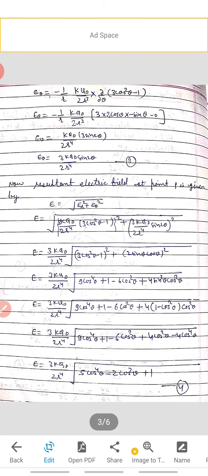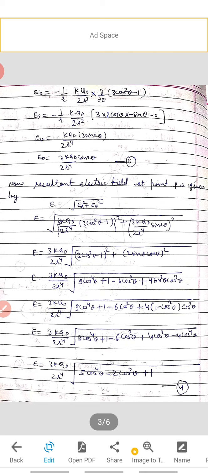Now, if we differentiate it with respect to theta only, then we get that the tangential component of the electric field E theta is equal to 3KQD sin 2 theta divided by 2R power 4.